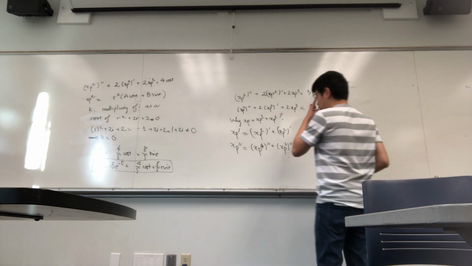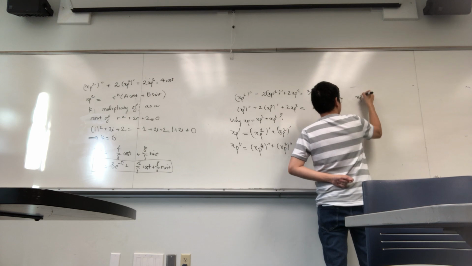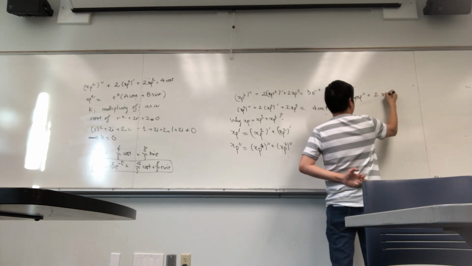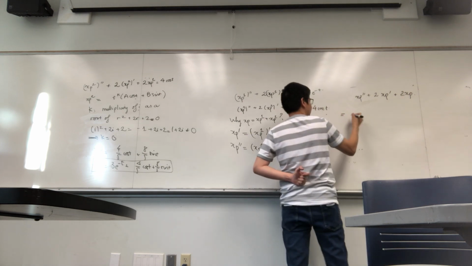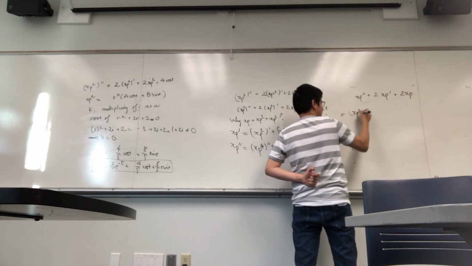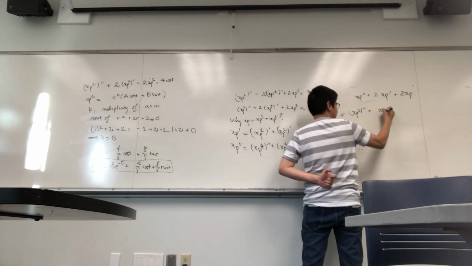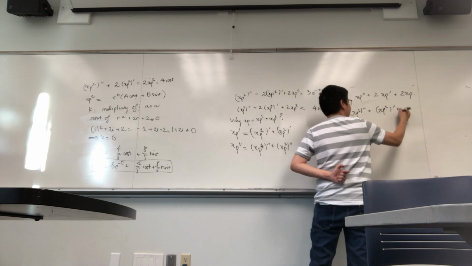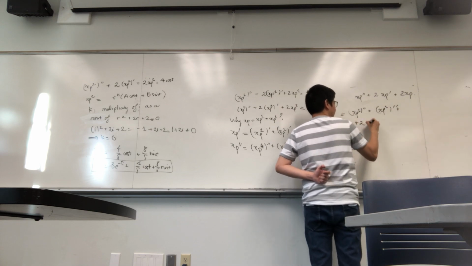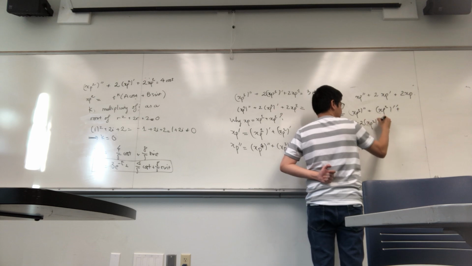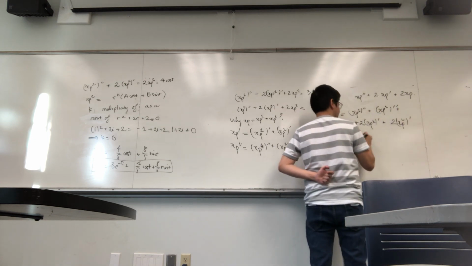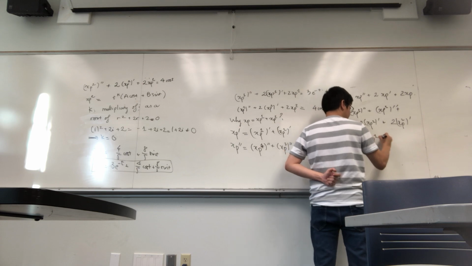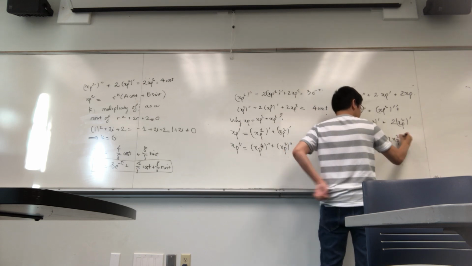Right, so now you want to have what? You have xp second plus 2 xp prime plus 2 xp will be what? Will be xp1 second plus xp2 second plus 2 xp1 prime plus 2 xp2 prime plus 2 xp1 plus 2 xp2.